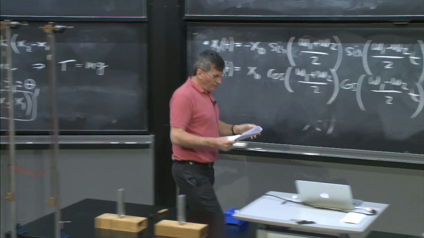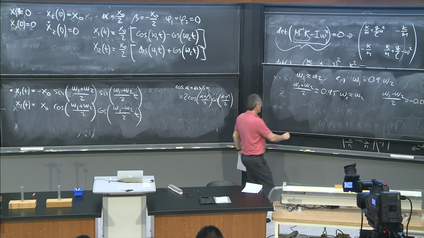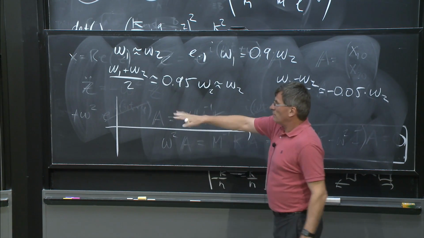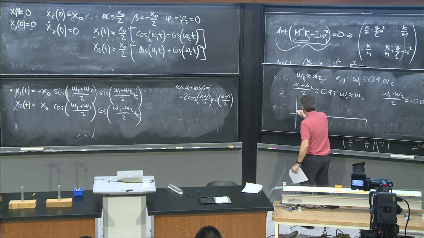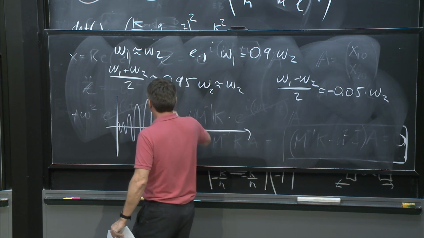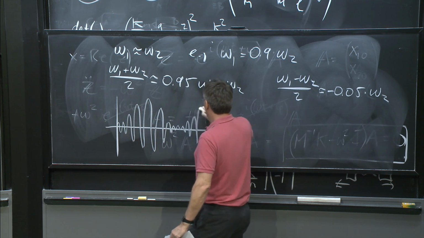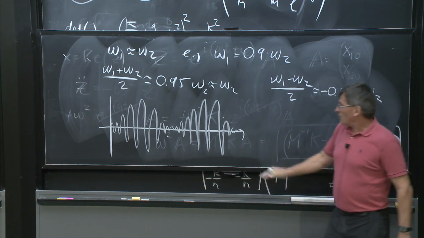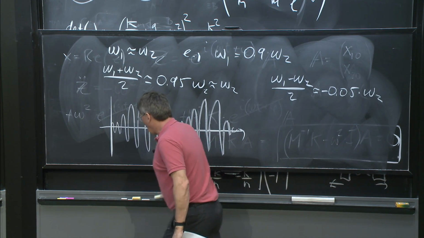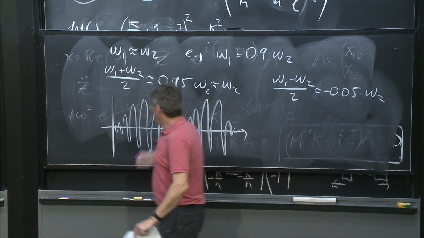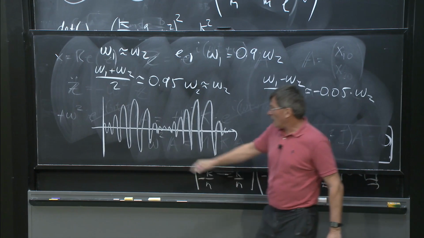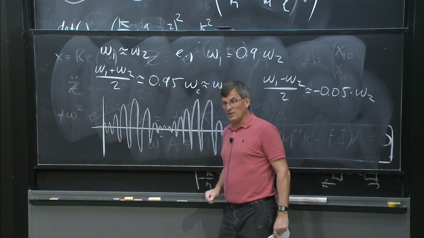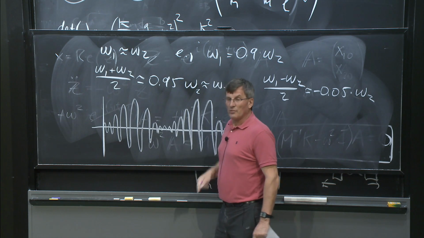How does this look? Well, it turns out that if you make a sketch of this, using sines, for example, it looks like this. When you look at this picture, you can see two frequencies. One is clearly the high frequency oscillation of things moving up and down.